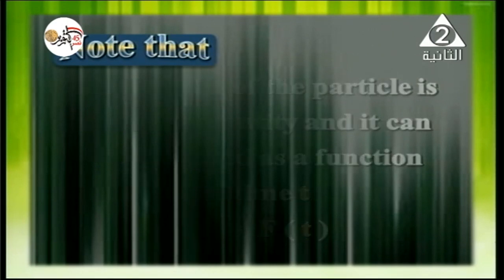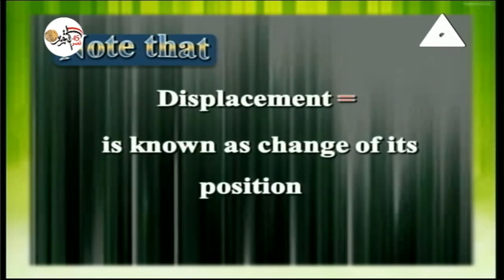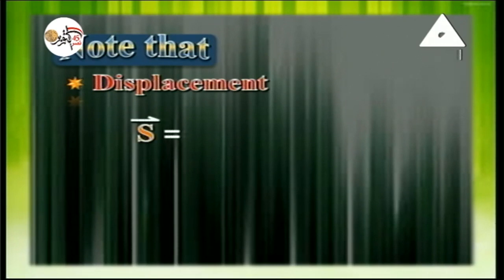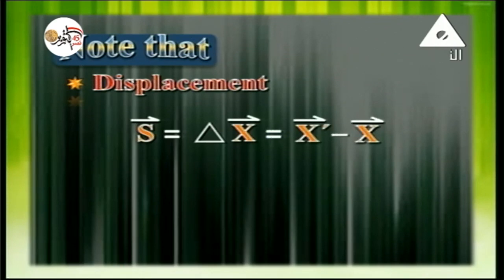T is time. Displacement. Displacement is known as a change of its position. Look at, my dear student, S vector represents displacement equals delta x. Delta x, the change of the position vector, means x dash vector minus x vector.